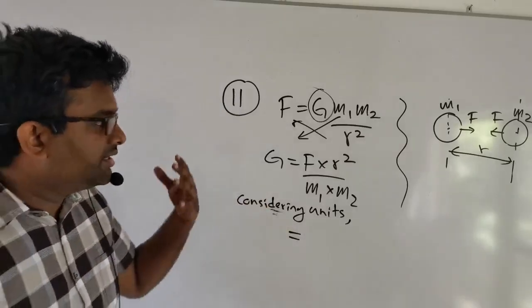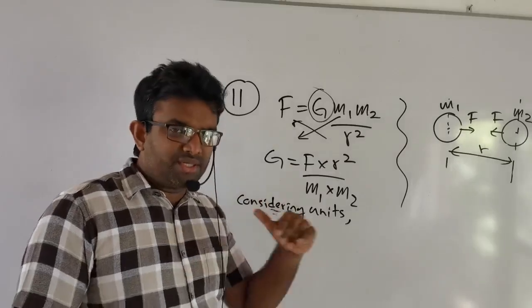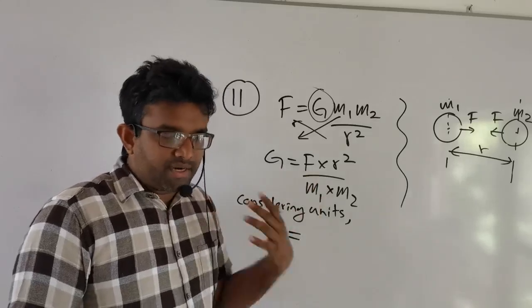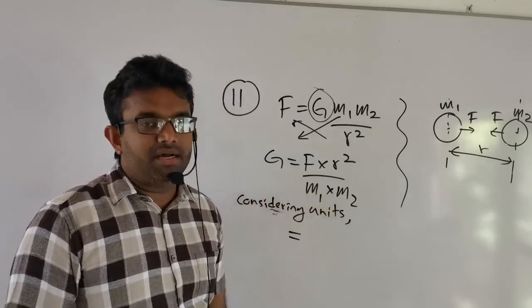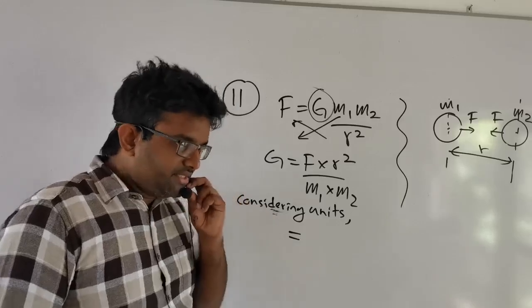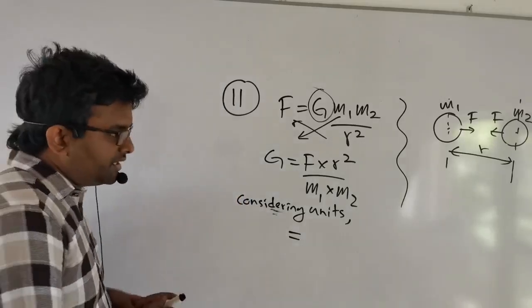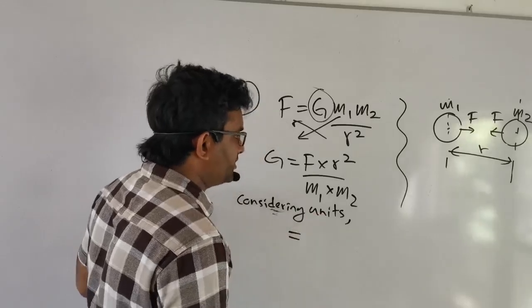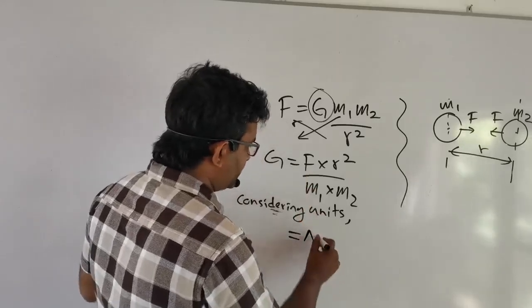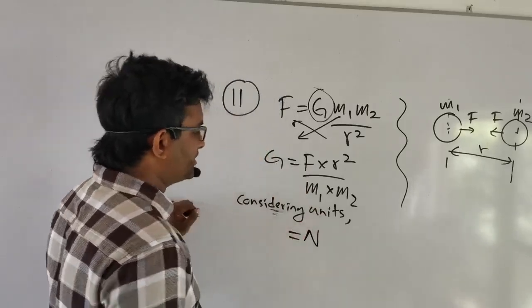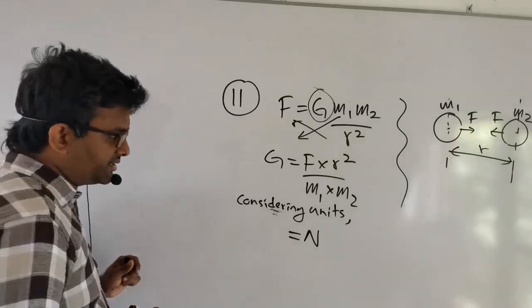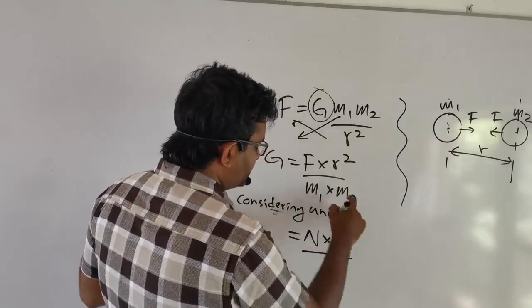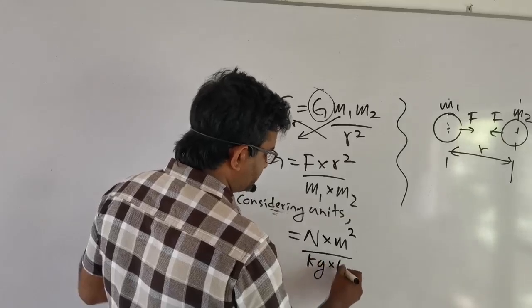But in this question it is not mentioned specially, therefore we can write any unit here. So I'll write the SI unit of force, newtons. Either one is correct. Then newtons into distance meter square, and the masses kilogram into kilogram.